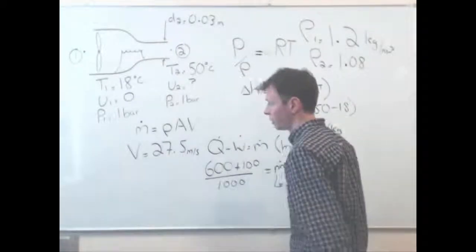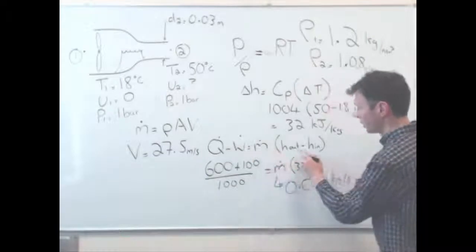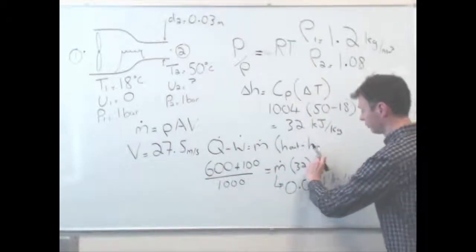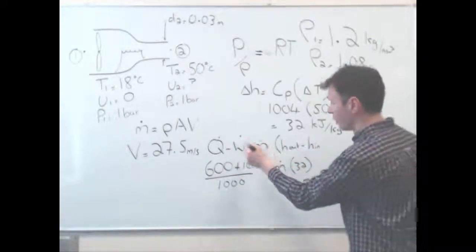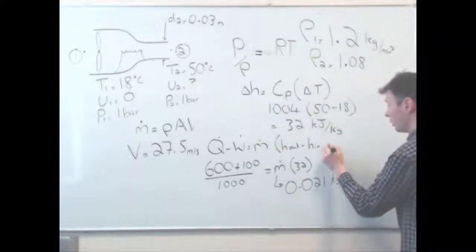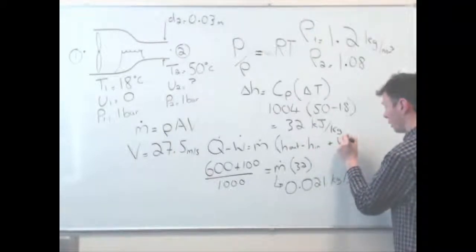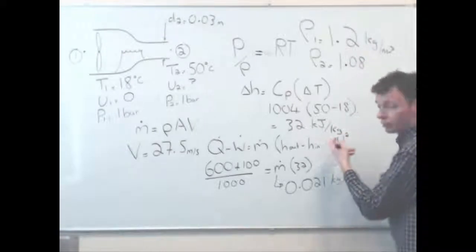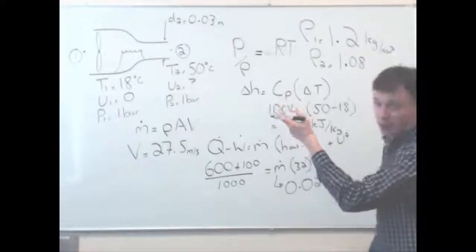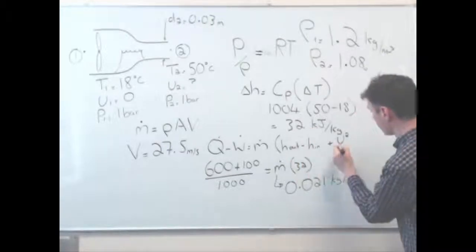Okay, last part of the question, what if we included that as well? What we have to do is rework this into this equation. So Q minus W equals the mass flow rate, so the change in enthalpy, and then plus this velocity term. So effectively it's delta U, but U at the inlet is 0, so we'll just use the outlet velocity because that's the delta, so U squared over 2.